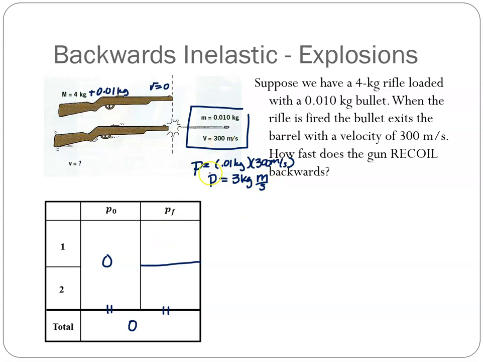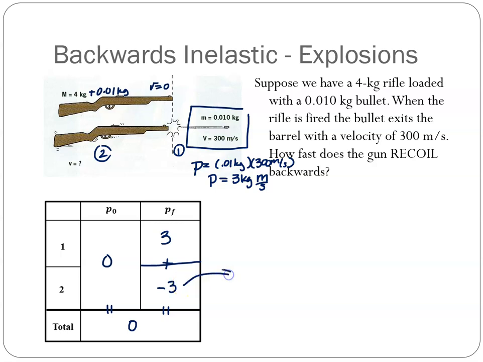Let's say the bullet is object 1 and the rifle is object 2. So our momentum here is 3. So 3 plus what equals 0? Well, that would be -3. So the momentum of the rifle has to be -3 kilogram meters per second.